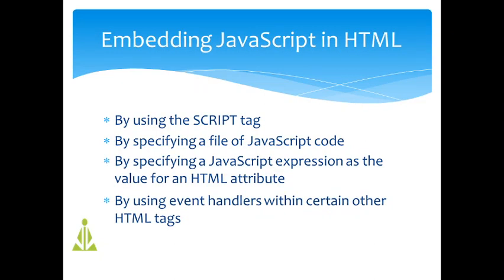Next, embedding JavaScript in HTML. This is very important. With the help of HTML we are creating the web page. To display your website in a very efficient manner, we are using CSS.